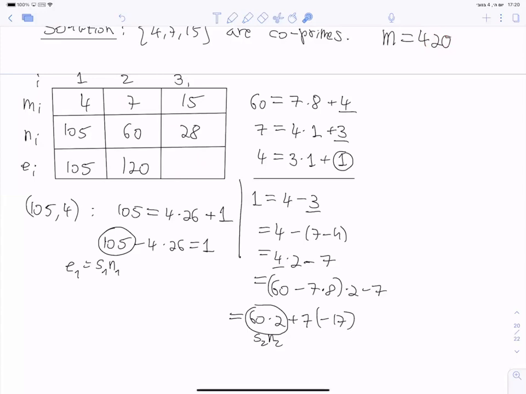Okay, so let's do the same thing for the third one. So we have this.